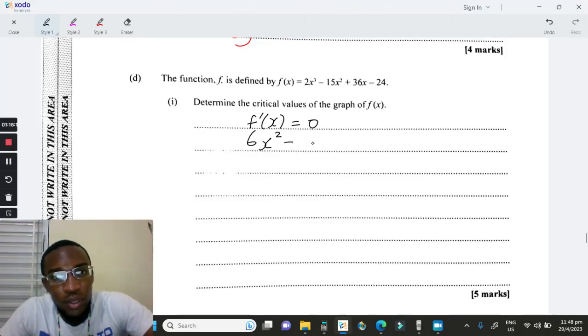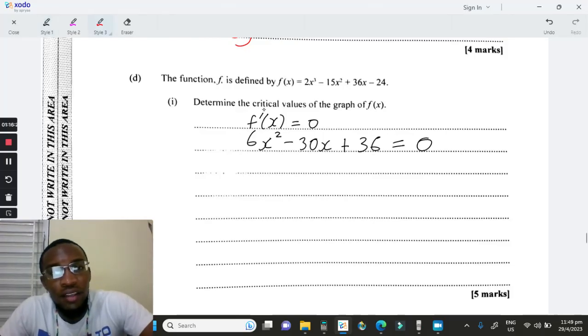Minus, carry down the power, 2 times 15 is 30x, subtract 1 from the power, plus differentiate 36x, you get 36, and you set it equal to 0. Then we can divide through by 6, so it becomes x squared minus 5x plus 6 equal to 0.